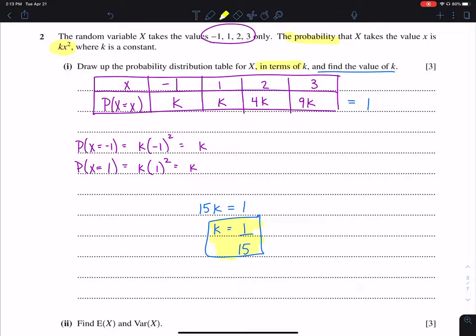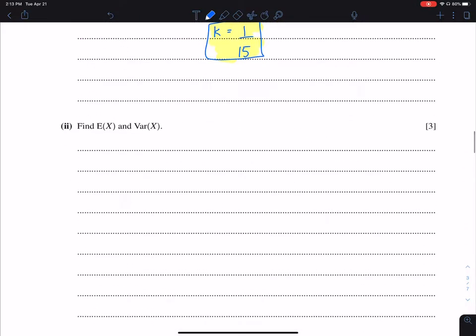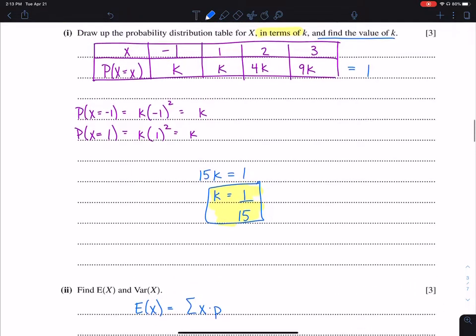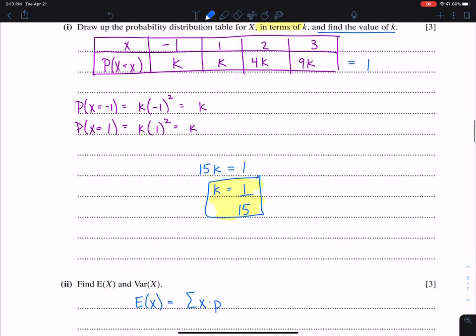And that's all they ask you for in that first question. Draw up a probability distribution table and find the value of k. Then you move into the second part, which says find the expected value. So by definition, the expected value is the sum of all the x values times their corresponding probability. So you need the table here to calculate this.